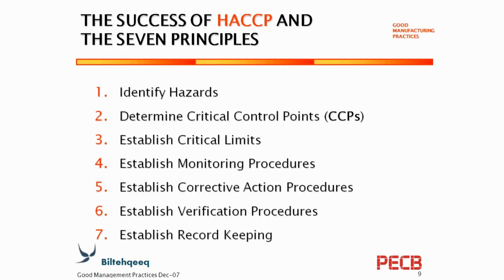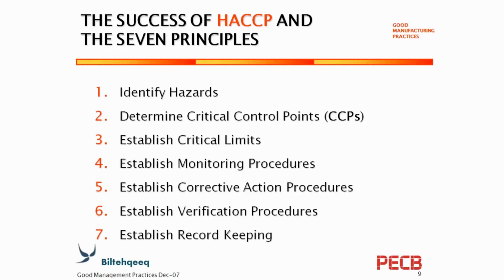And then you have to establish the critical limits. You have to define the limits under which the hazard is acceptable, and beyond which the hazard is not acceptable. And then establish a monitoring procedure.